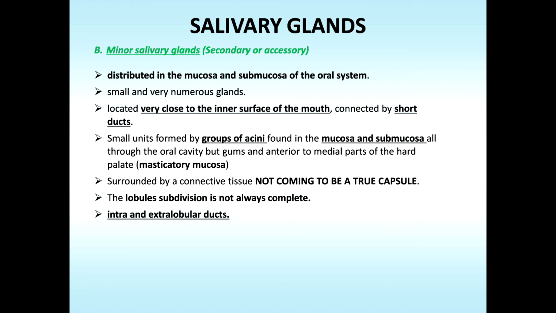Thus, most of the minor salivary glands resemble in general the sublingual gland. These minor salivary glands contain mostly parasympathetic innervation. The function of the minor salivary glands is a protective function of the teeth and mucosa.